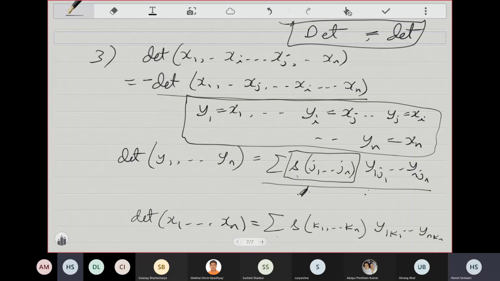And how do they correspond? It is the same, except that the sign is changed. So how do you see that the sign has changed? What is the correspondence actually? Here, if I look at the term corresponding to the permutation, now instead of j I can't use J, since this J has already been used for this index.